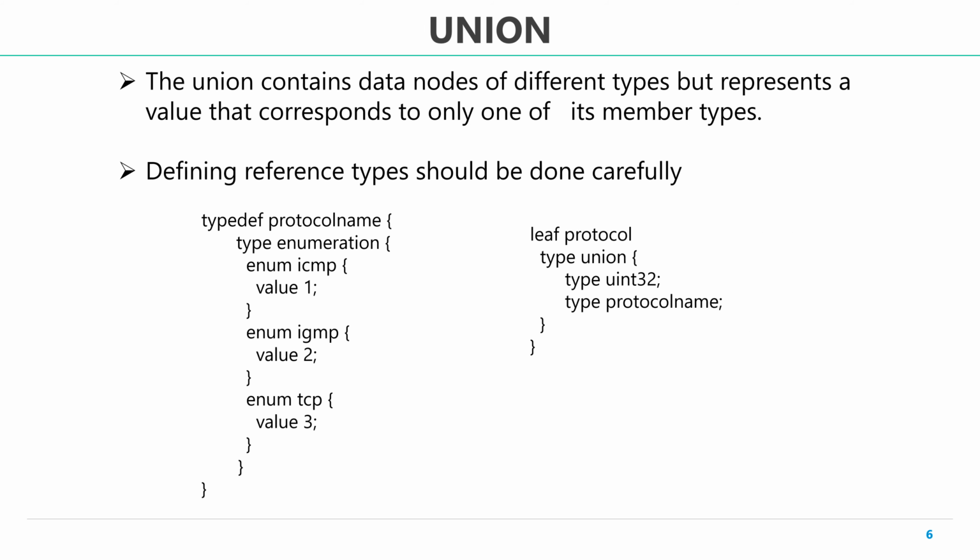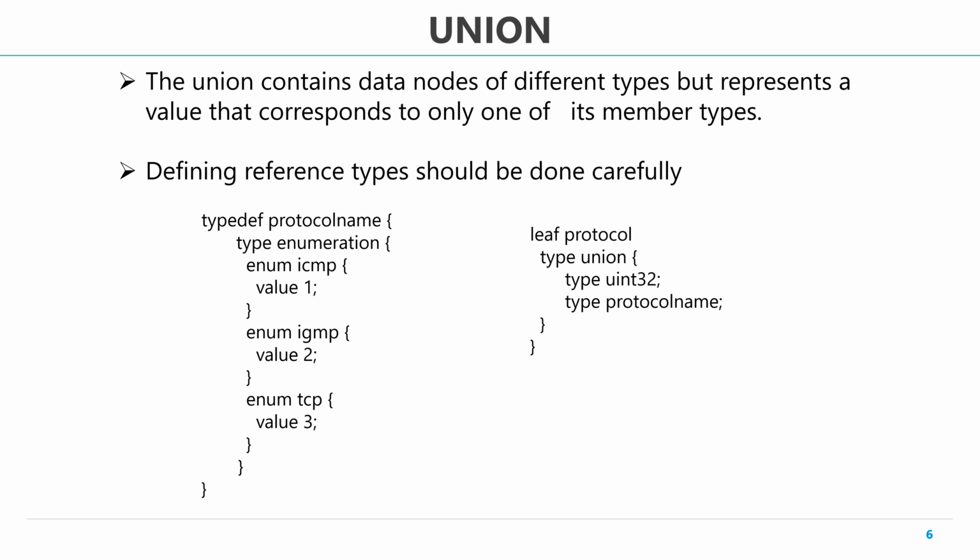A union is nothing but a data type which can contain the data nodes of different types. But at any point, the value of a union corresponds to only one of the types which it is holding. Say, take for example, a union is defined based on a protocol that is used.